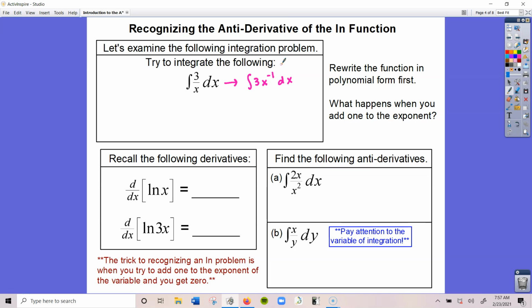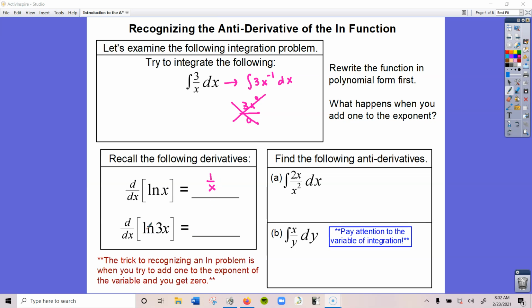If I add 1 to the exponent, we would get 3x raised to the 0, and then divide by 0, which is impossible. So that process of integration does not work. If that ever happens, that means that what you have there is the ln function. And just so that you can remember, the derivative of ln is 1 over x.